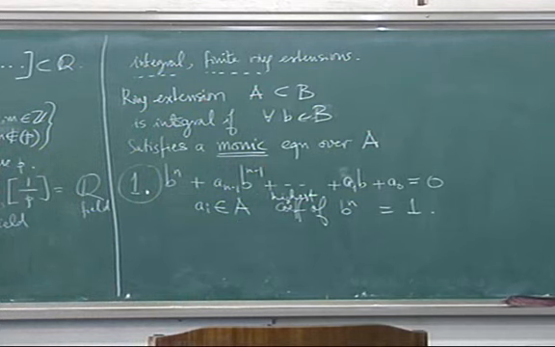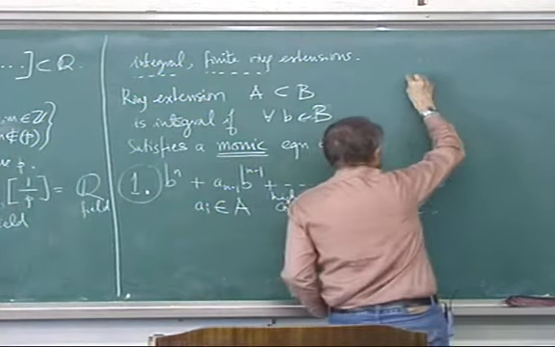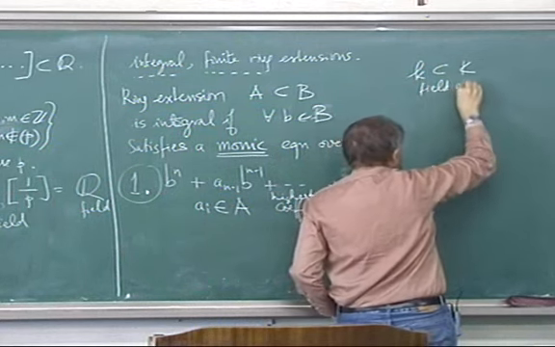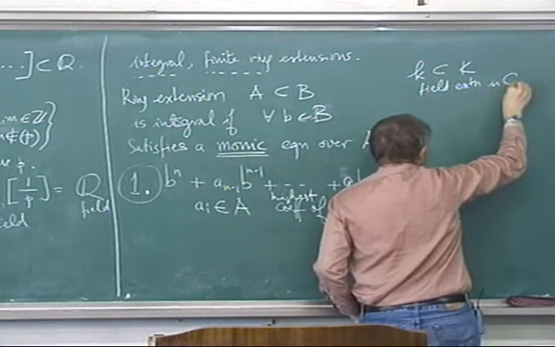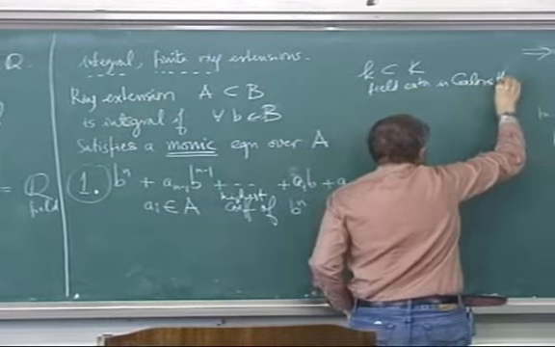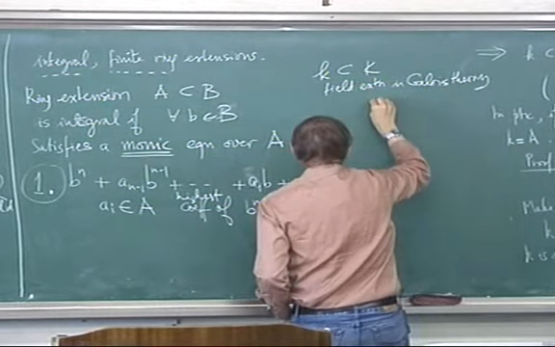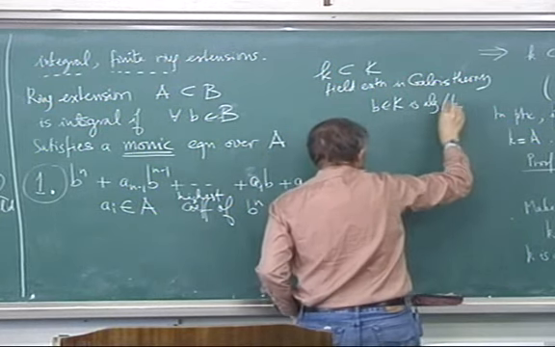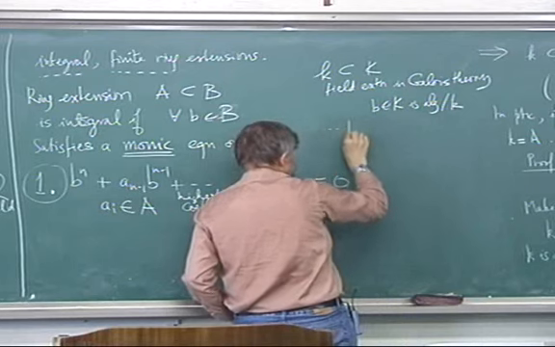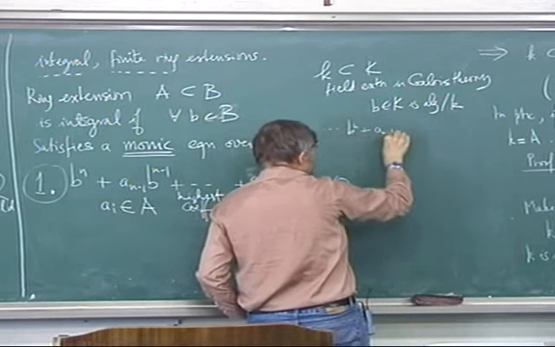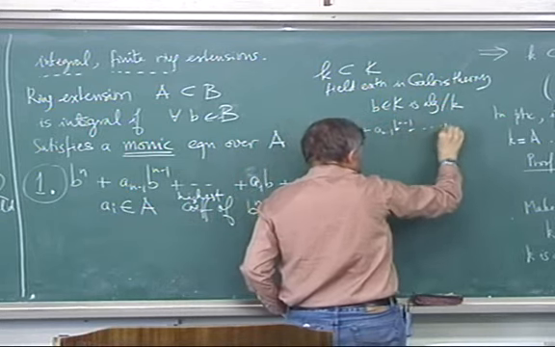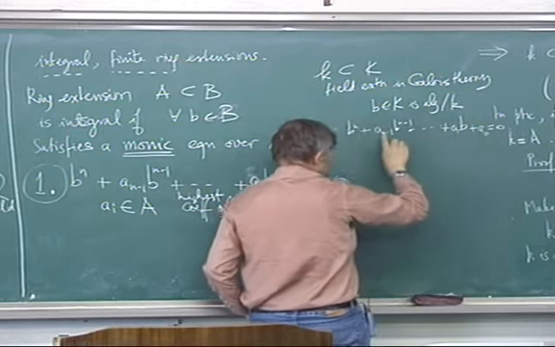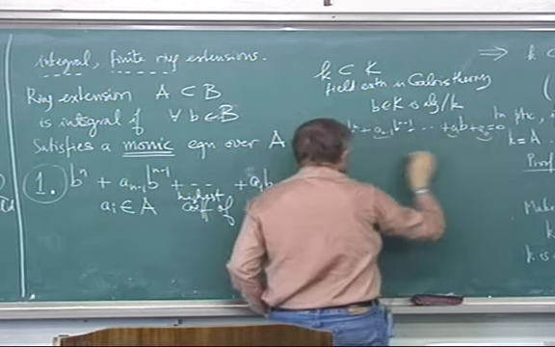Remember, when you do field extensions in Galois theory, if I've got some element b in a field extension of k that is algebraic over k, it means the same thing: b to the n plus a_{n-1} b to the n minus 1 plus and so on, where these coefficients are in the smaller field.